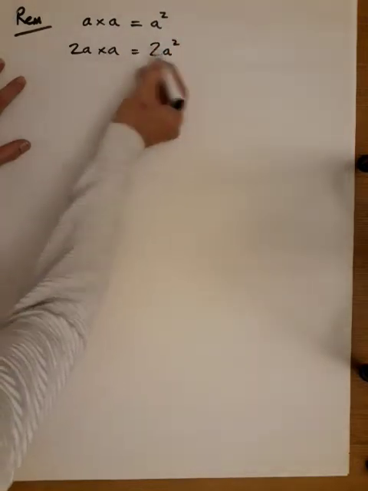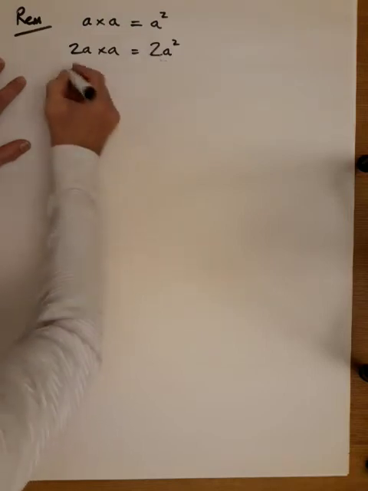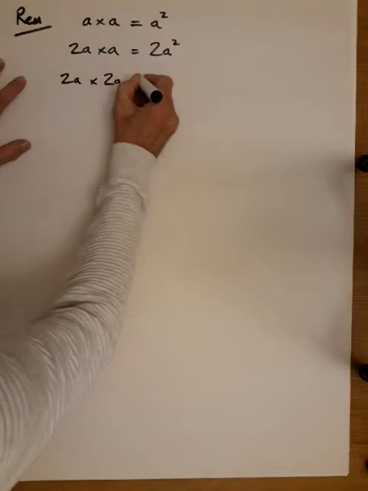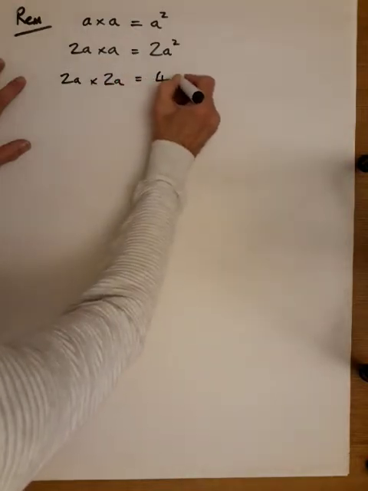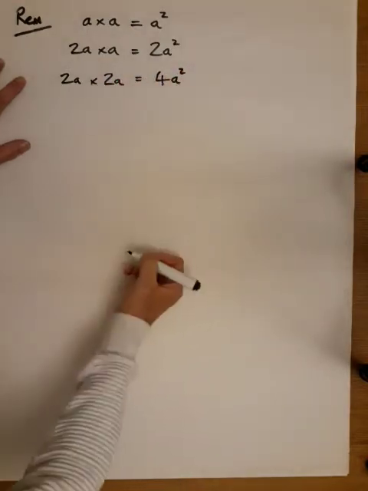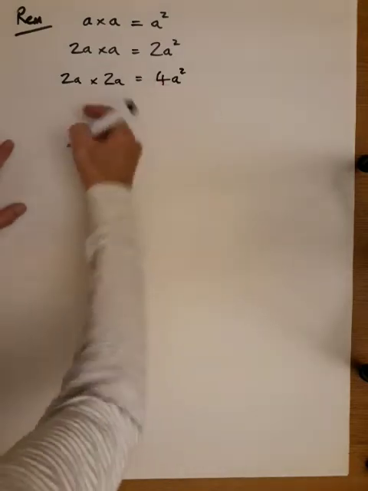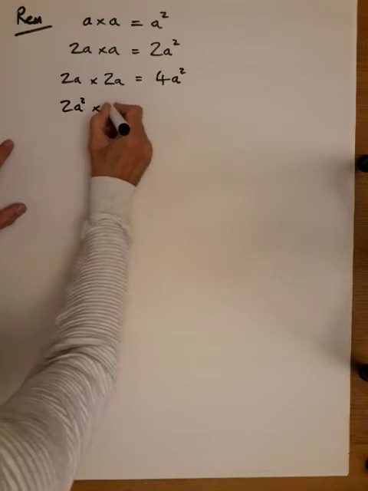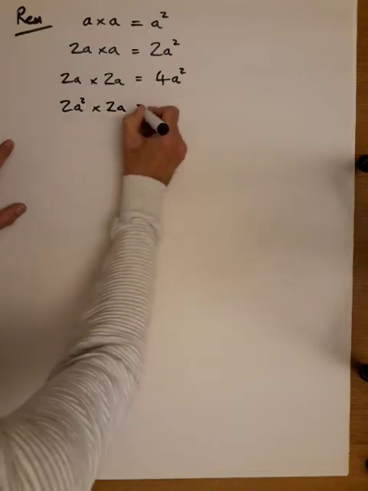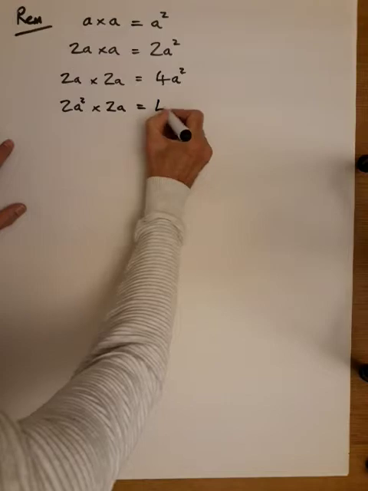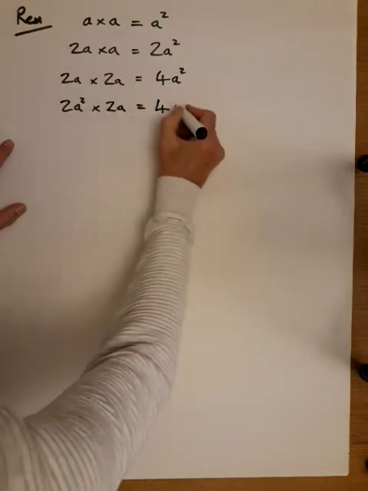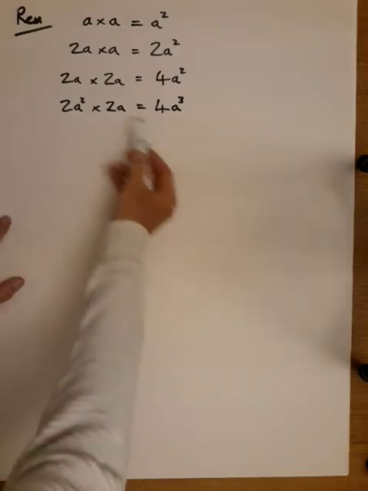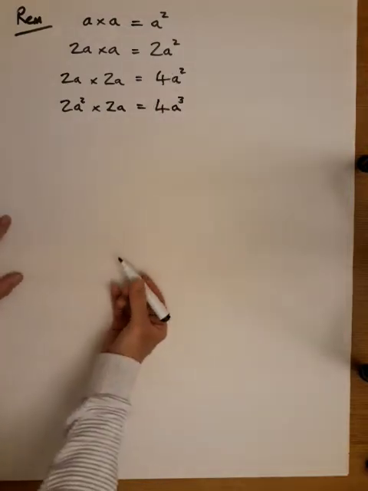Take that further, 2a times 2a is 4a squared. Take it one step further, 2a squared times 2a is 2 times 2 is 4, a squared times a is a to the power 3, a cubed. So this is using the laws of indices.